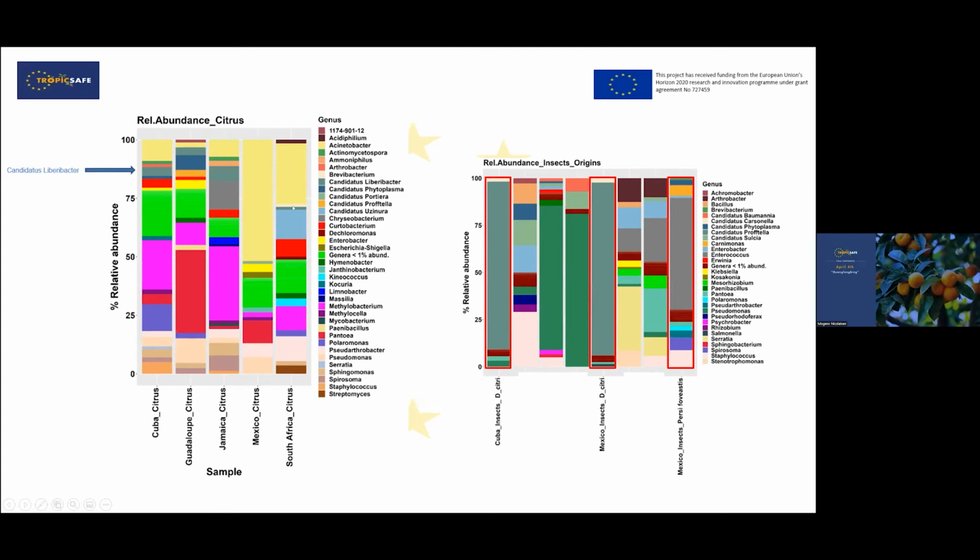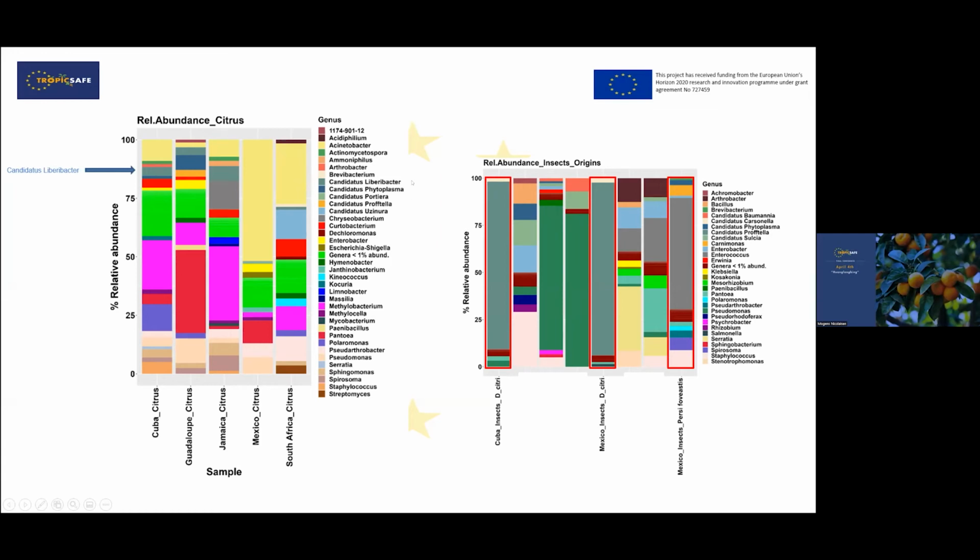South Africa is this small fragment here. We didn't find anything in the Mexico citrus, or at least not enough to be presented in this bar chart. There might be a very low abundance.